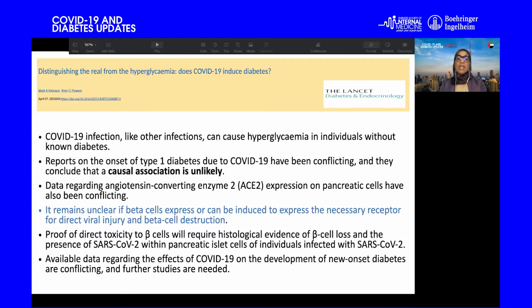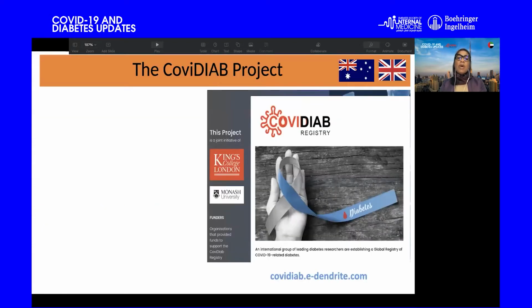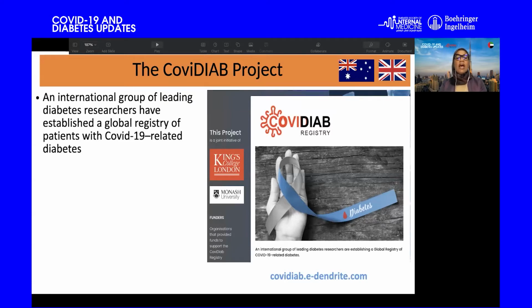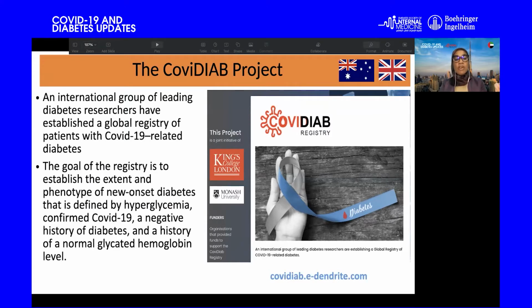And that's exactly what the group of investigators led by Paul Zimmet from Monash University in Australia, with King's College London, have sought to do. They've come up with the COVID-Diab registry in order to further understand the extent and phenotype of new onset diabetes, defined by hyperglycemia, confirmed COVID-19 infection, and a negative history of diabetes.